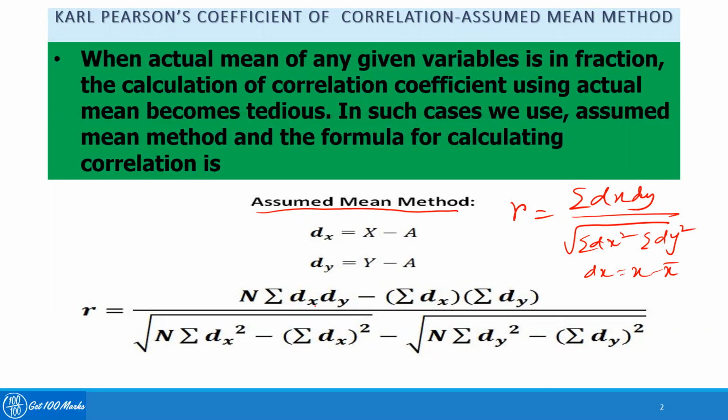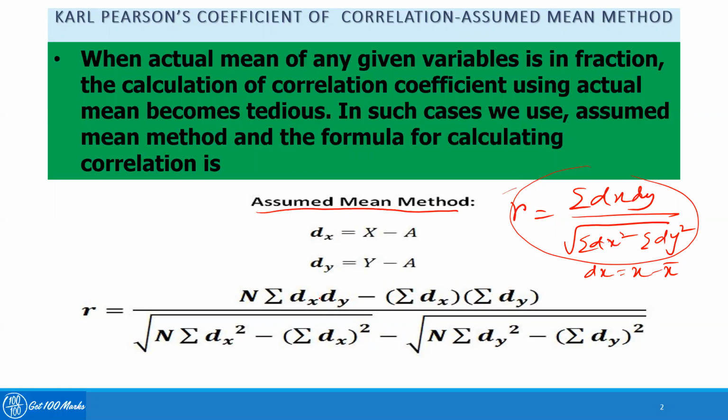Here dx is nothing but x minus the assumed mean. Therefore, this formula will not be applicable. Rather, you will apply capital N, which is the number of pairs of observations, into dx dy. Here dx is x minus assumed mean, dy is y minus assumed mean, and this is the formula we'll be using.